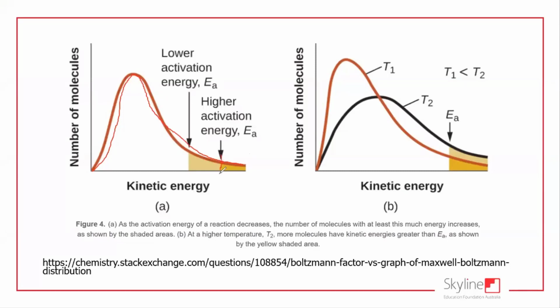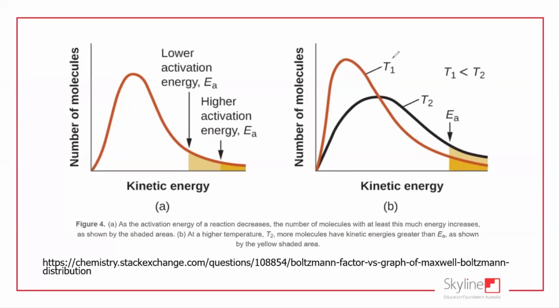When we have an activation energy, normally only a very small proportion of these particles, when they collide, will actually react. So when we decrease the activation energy, we can see now all of that area of particles, when we have a catalyst, will actually react. That's why the rate of reaction increases.